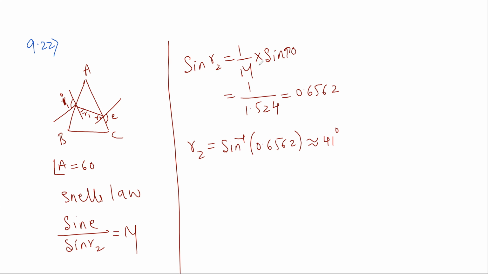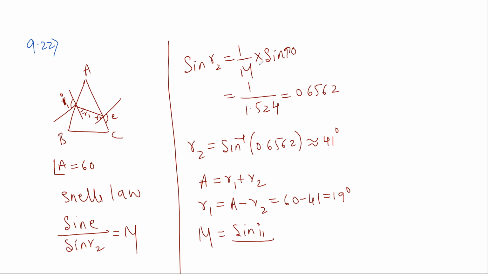It is clear from the figure that angle A is equal to R1 plus R2. So if you want to calculate R1, it becomes A minus R2, which is 60 minus 41, and we are getting 19 degrees. So according to Snell's law, mu is equal to sin I divided by sin R. Next, if you want to calculate sin I1, it is equal to mu into sin R1.